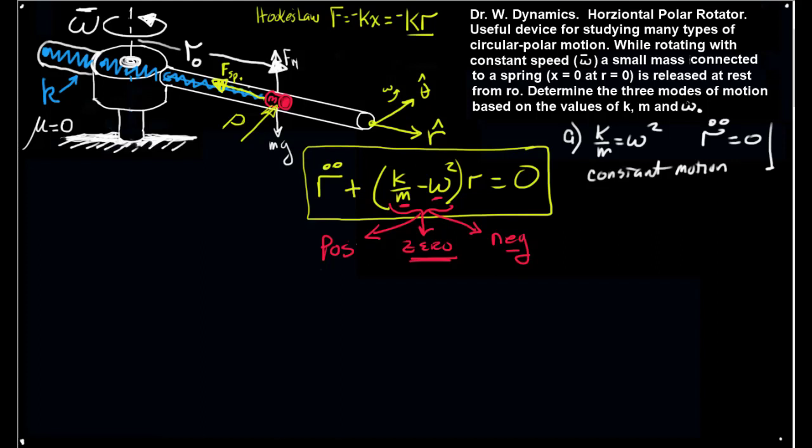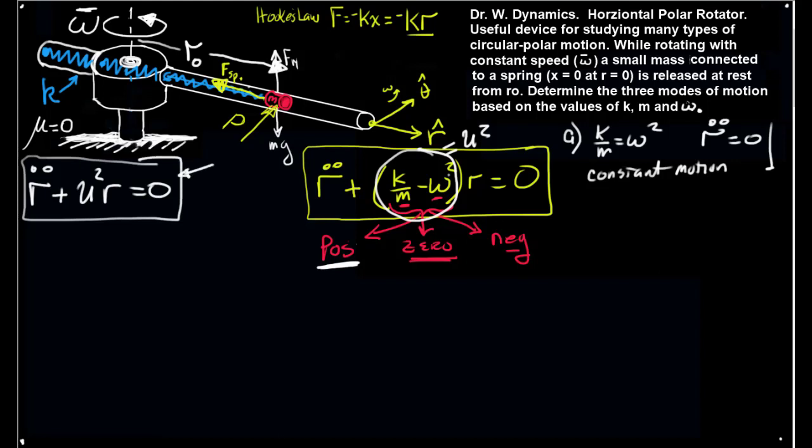Next, let's take a look at the case where this term might be positive. We could call this u squared if we'd like. Just define that. We basically have r double dot plus u squared r is equal to 0.